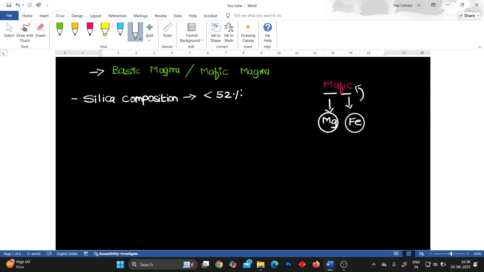So we have to keep in mind the silica composition will always be less than 52% in this particular basic magma or basic lava, or mafic magma or mafic lava as well. Okay, so the next thing is viscosity. Next we have to see what the viscosity is. As the concentration of the silica has reduced, definitely it will have low viscosity.